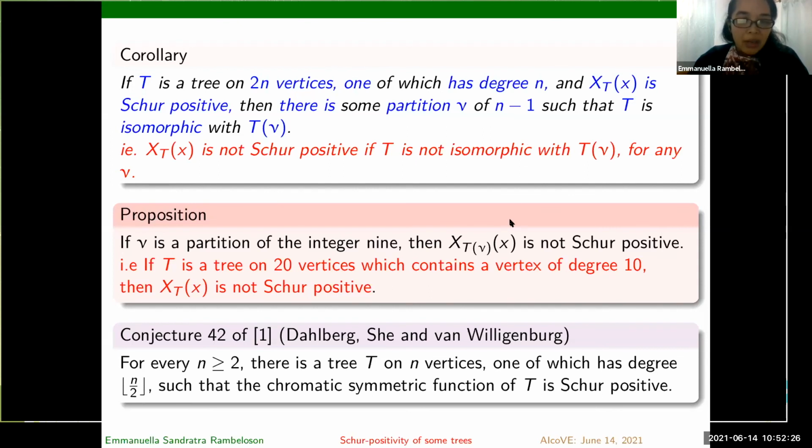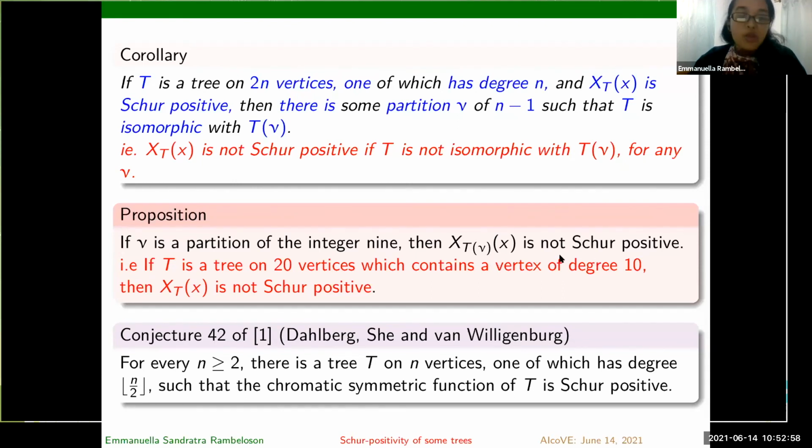Now we have the following proposition: if ν is a partition of 9, then the chromatic symmetric function of the tree arising from ν is not Schur-positive, which means that all of the chromatic symmetric functions of the trees arising from the partitions of 9 are not Schur-positive.